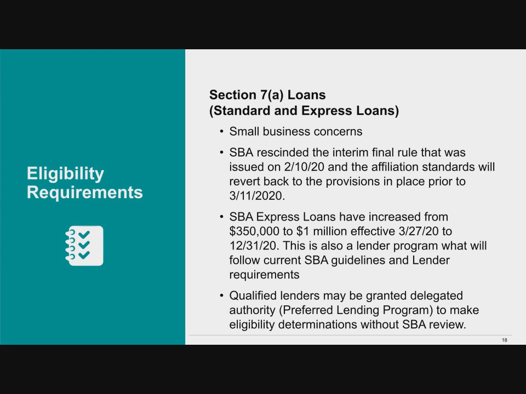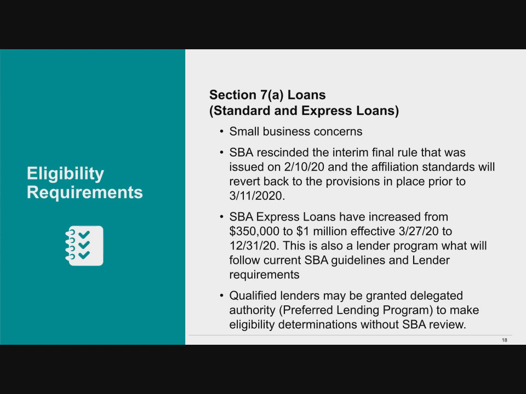The SBA Express Loan is much the same as it relates to eligibility requirements. The big difference is it's gone from $350,000 to $1 million effective March 27th. The other big difference between this program is that the lenders that make these loans have delegated authority by the SBA to make the credit decision and the eligibility decision.